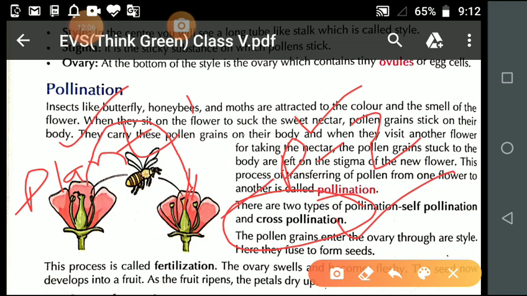So student, what happens at that time? Pollen grains from the anther stick on their body when they are taking the nectar from the flower.